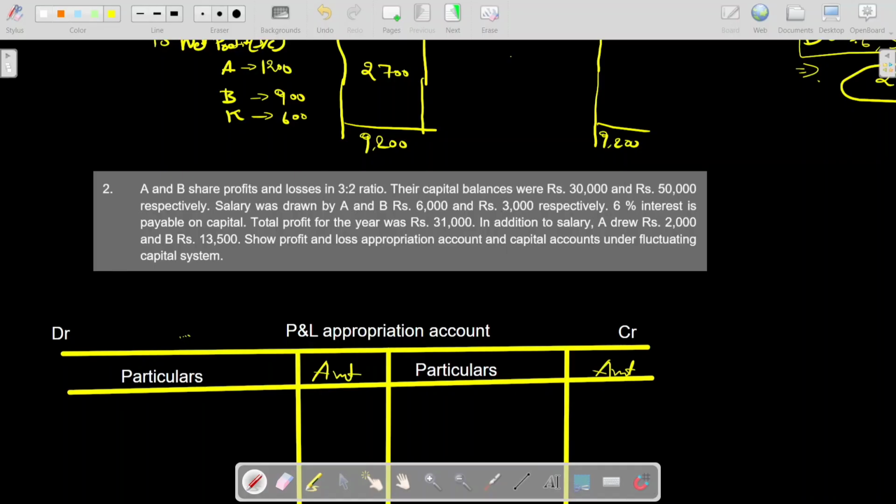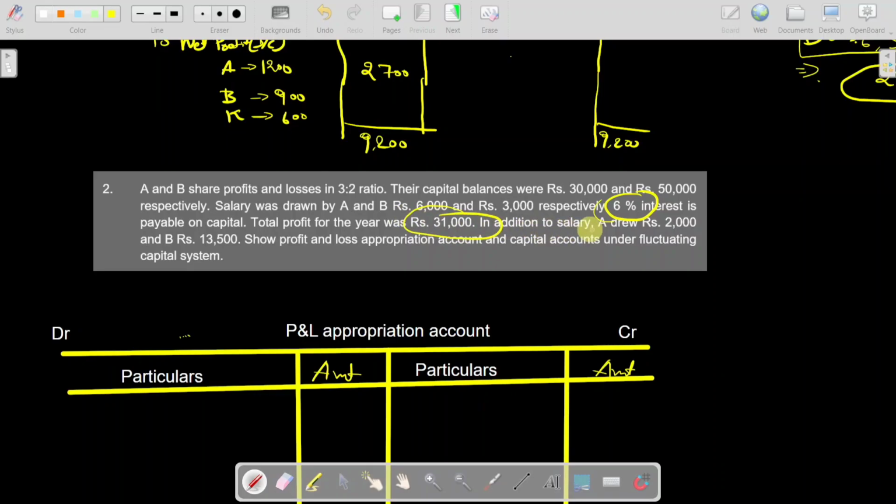So here both partners are taking salary, 6,000 and 3,000. 6% interest is payable on capital. Total profits for the year was 31,000. So net profit is 31,000.